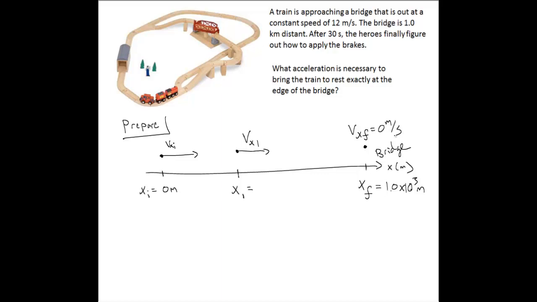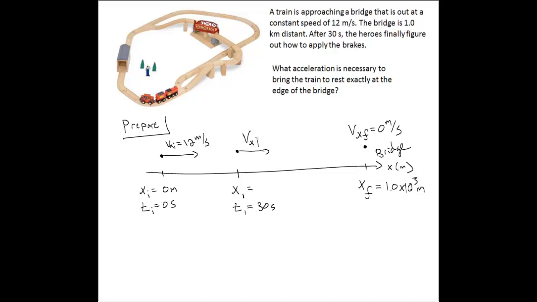Let's go back and label some other things in this diagram that we think we're going to need to know. We can choose the initial time to be 0 seconds. And we know the initial speed at which they're moving: 12 meters per second. After 30 seconds, the heroes figure out how to turn on the brakes, so we can denote t1 as 30 seconds.